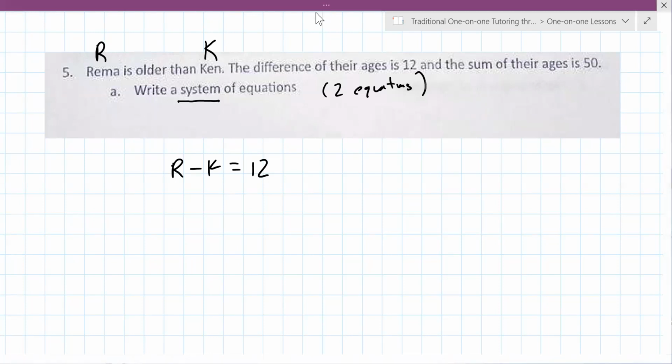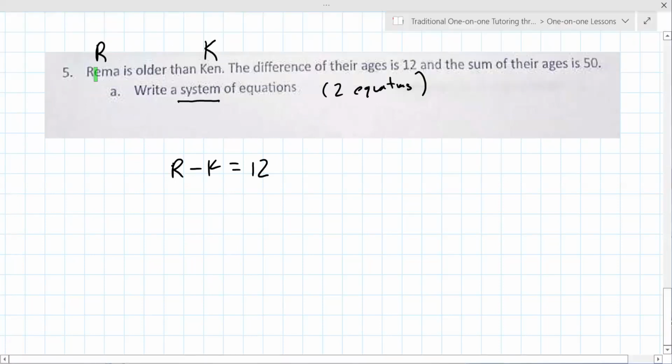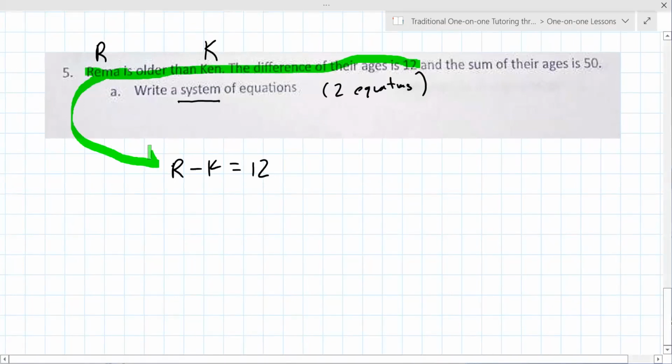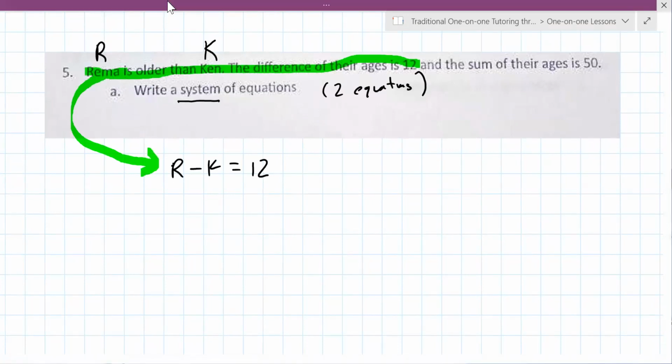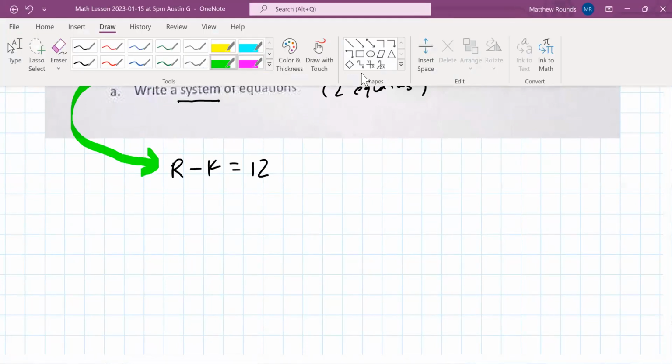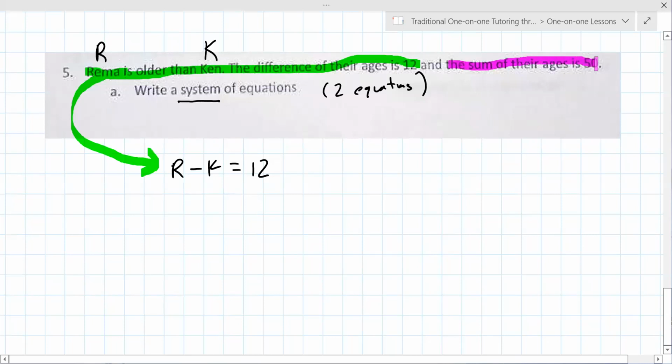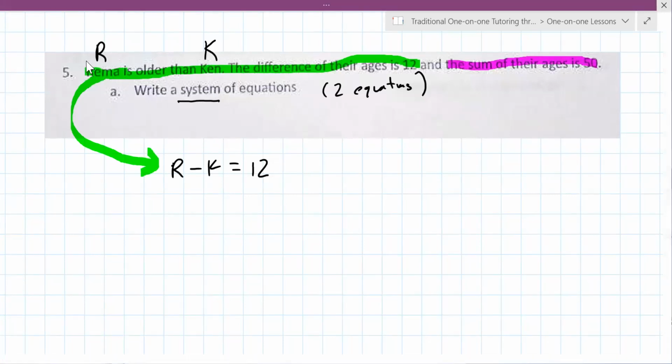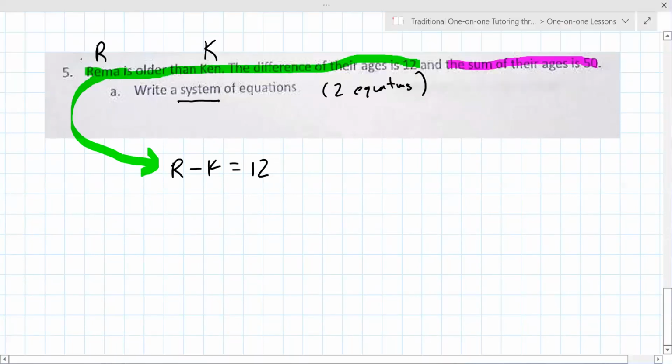Sometimes I don't answer your question. Here's what you just did, and this is correct. The part of that equation you gave me is that one. But if you keep reading, there's a bit more. So R plus K equals 50.